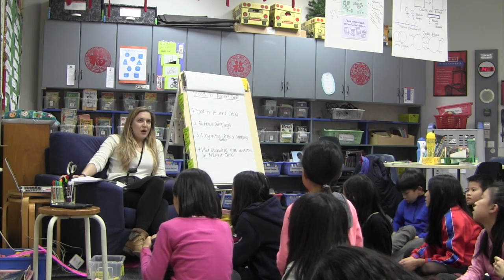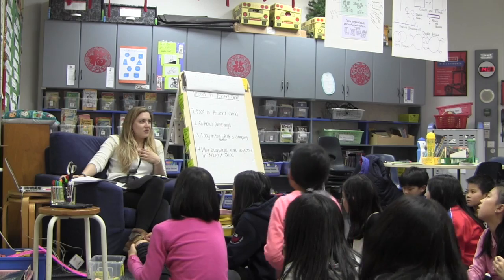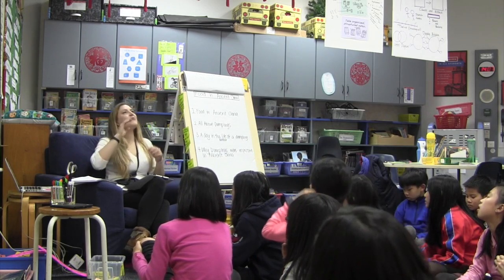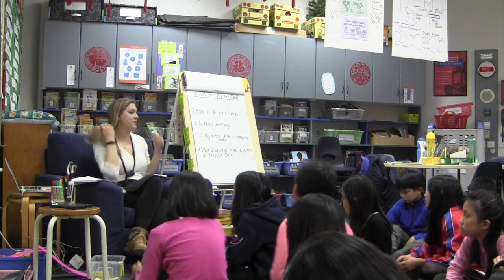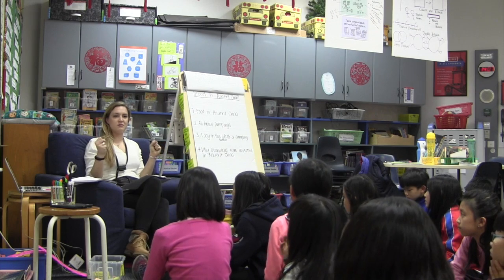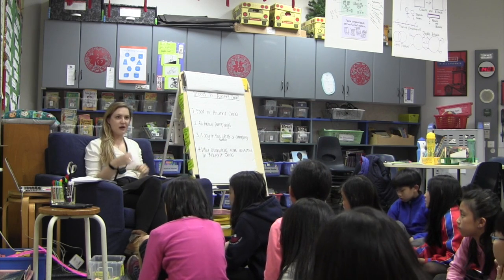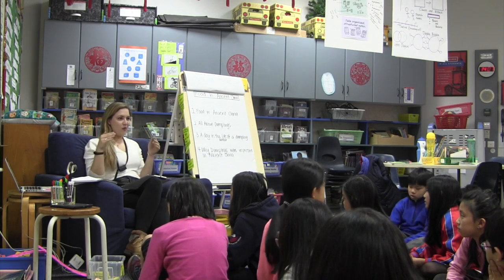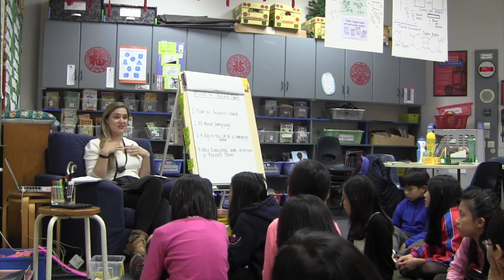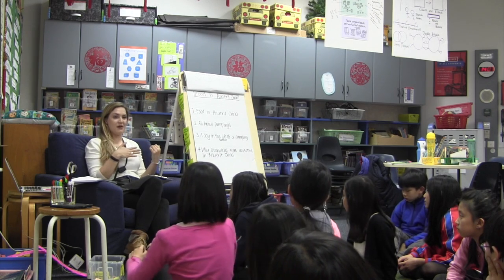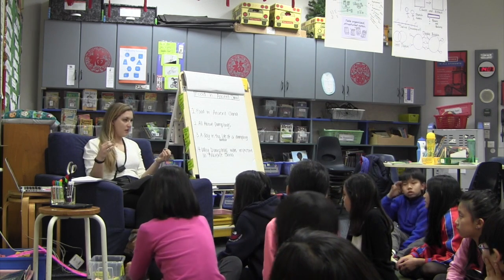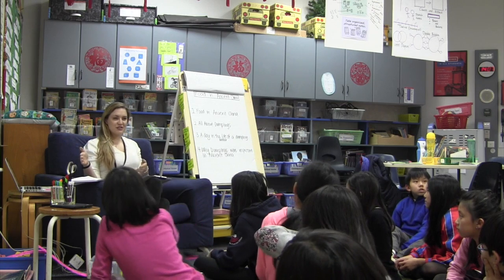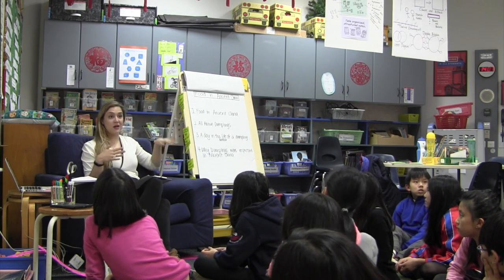Before I start taking notes, I really want to know what I'm going to be taking notes on. I want my notes to be really effective. I want them to be clear, and I want them to be answering the questions that I really have about my topic.